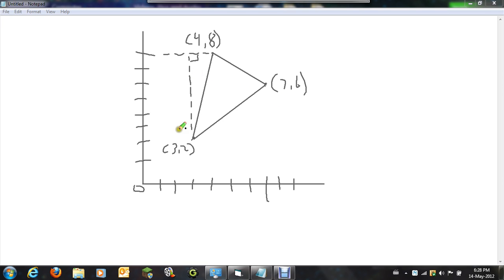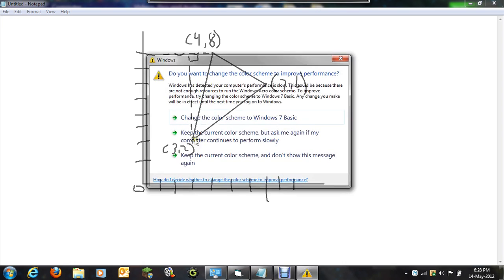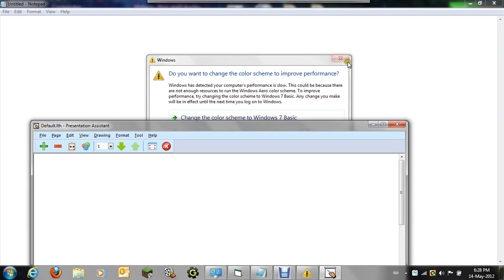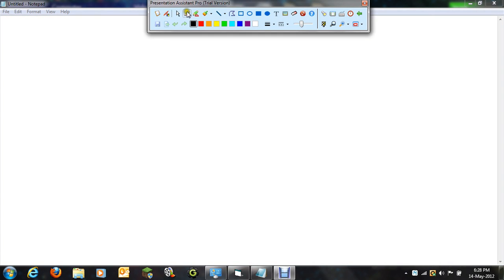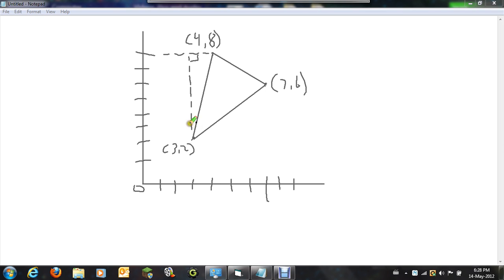Second of all, we do know how long these sides are, because the distance here is known from these. These are each 1.